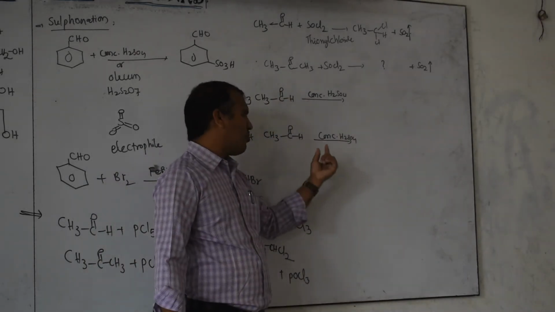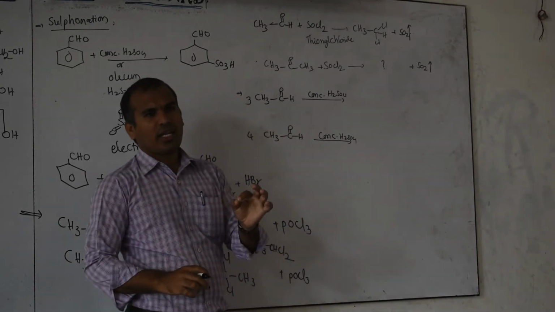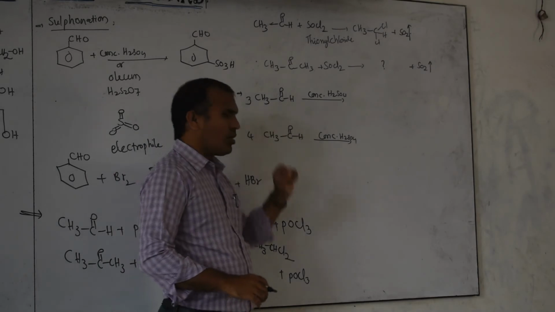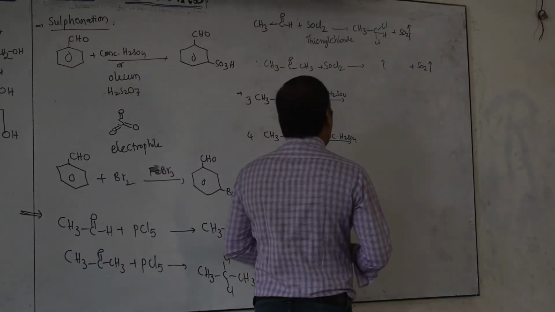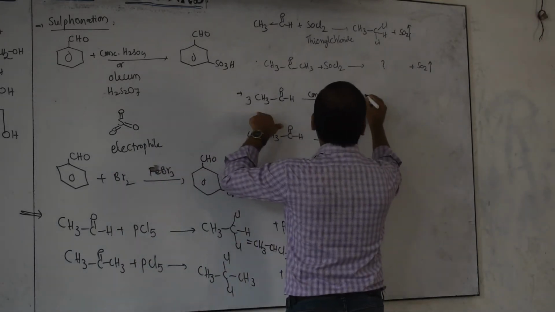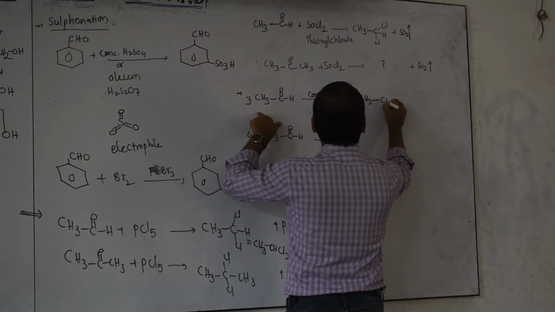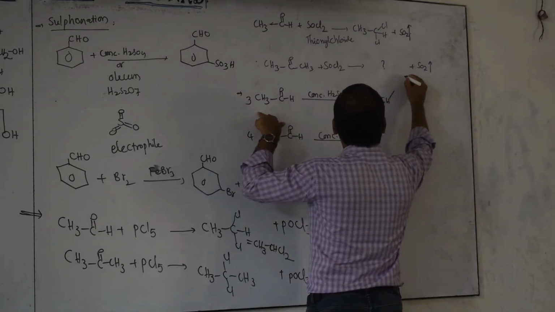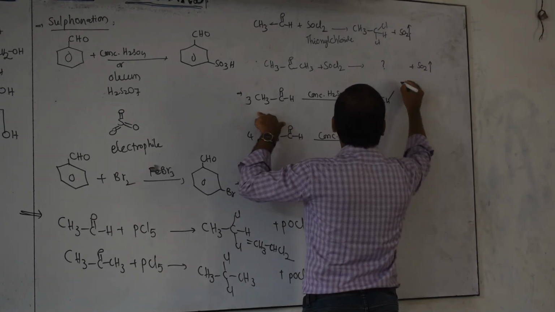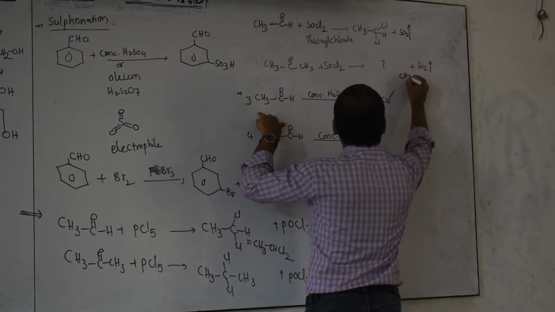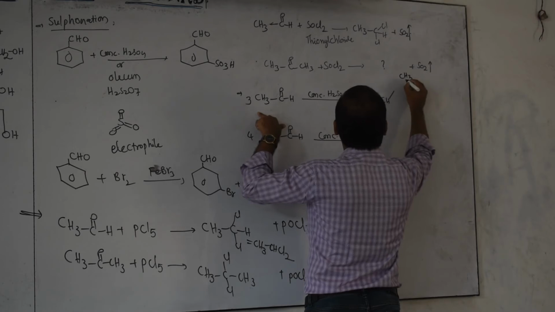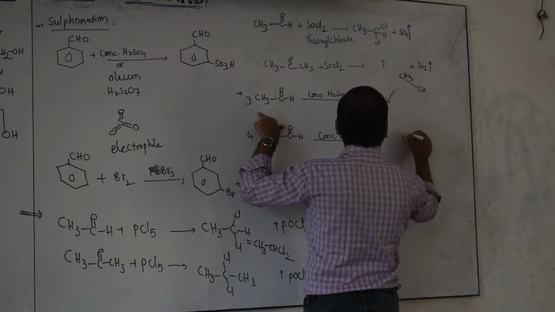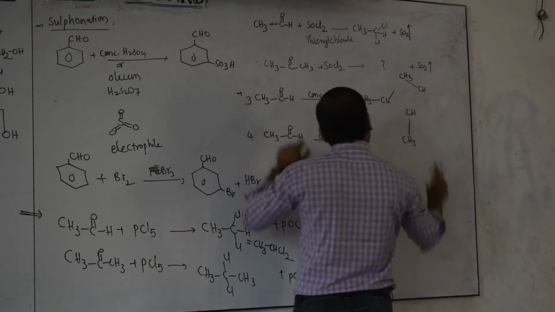Concentrated H2SO4 means what? It is one of the dehydrating agents, a water removing agent. From this, a water molecule is removed. How it is given, carefully: CH3 CH, CH3 CH, CH3 CH.